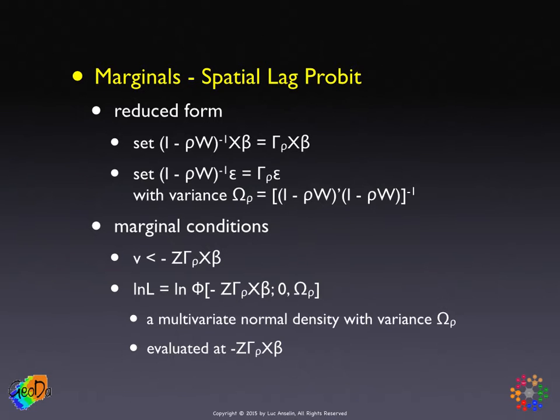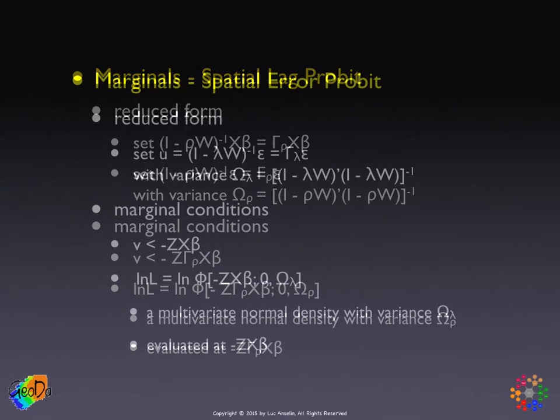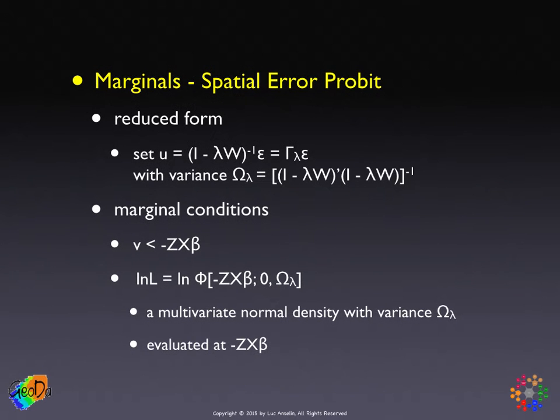Spatial error probit is slightly different because we no longer have the reduced form. So the bounds are Zx beta as before, and the variance covariance matrix is the only distinguishing aspect here. So again, we use the same notation as before, and the error term becomes gamma sub lambda now, because we use lambda as the parameter in the error model, and then the variance covariance matrix is the familiar form.